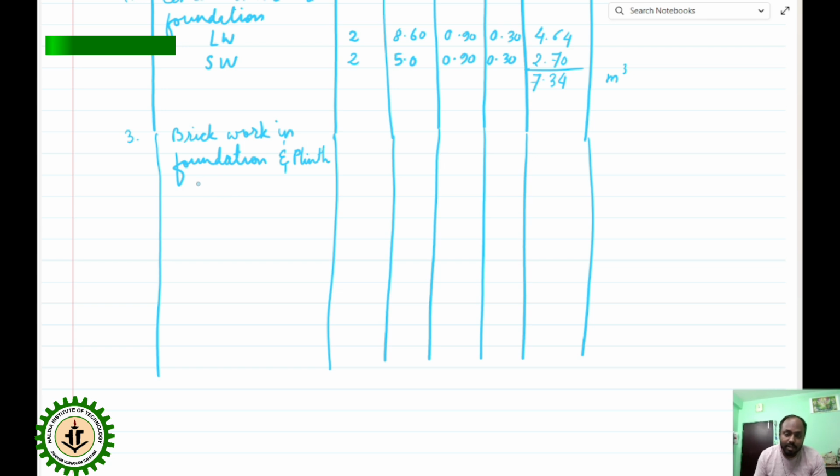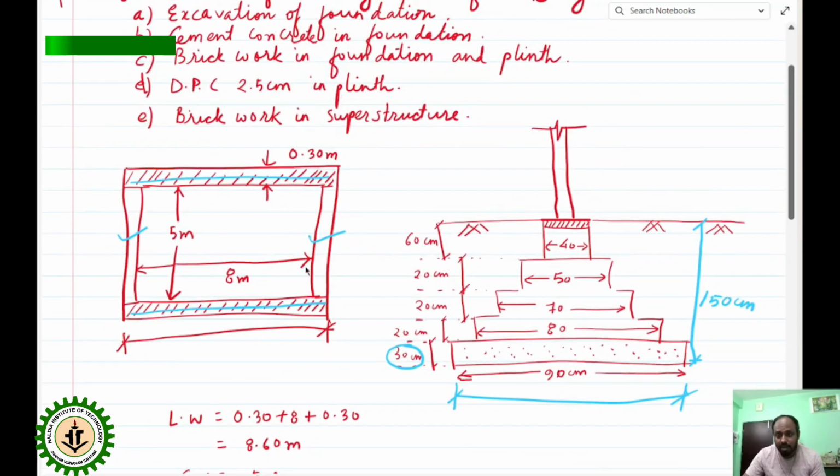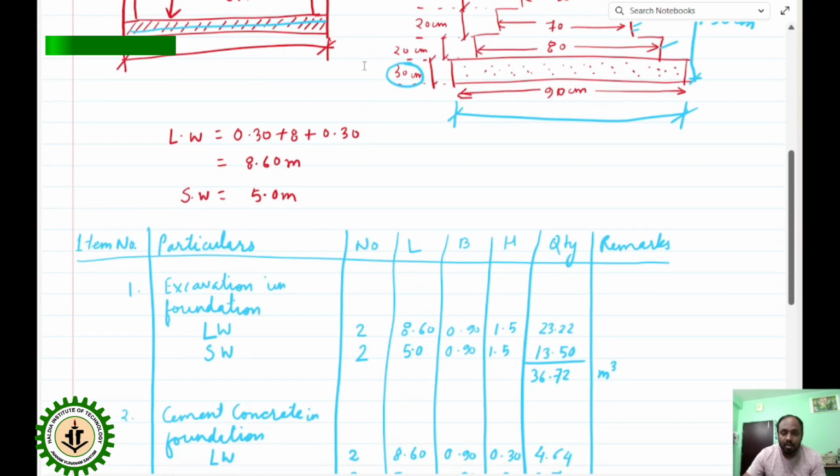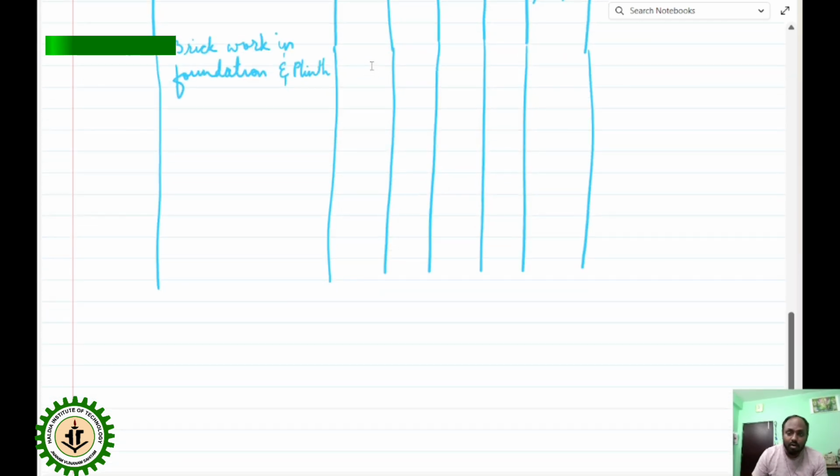In this, as we can see in the drawing, there are a few footings: first footing, second footing, third footing, and the plinth. So for all of this, we have to calculate for every footing the long wall and short wall.